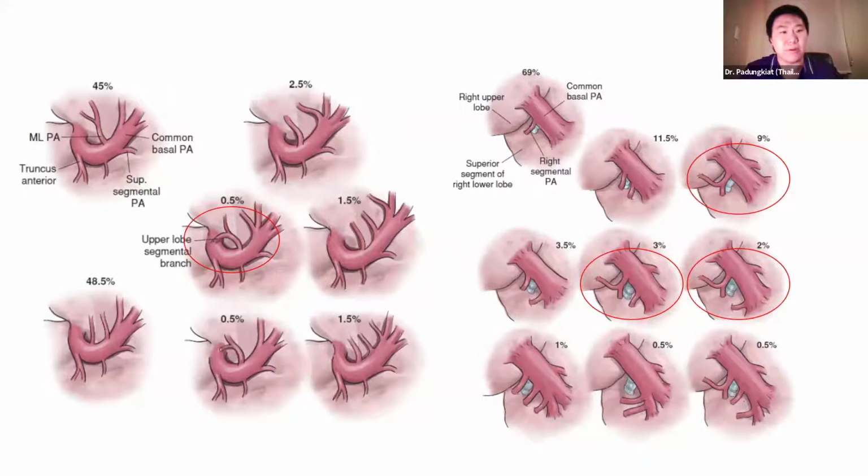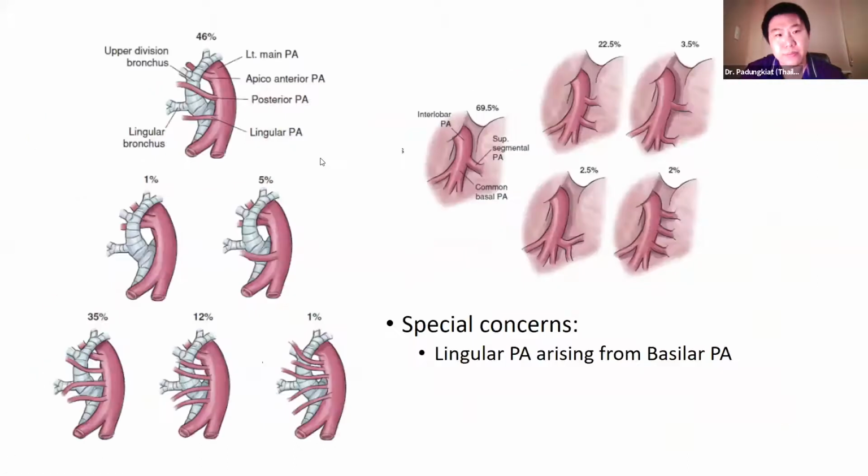Now it's very easy to do, but same as the last slide, if the upper lobe artery arises from the middle lobe artery, that's something you need to bear in mind that can happen. And for the left lower lobe, it's the same thing. The lingular artery coming off from the basilar artery, or the posterior ascending artery coming off from the superior segmental artery. It happens rarely, but just to bear in mind.